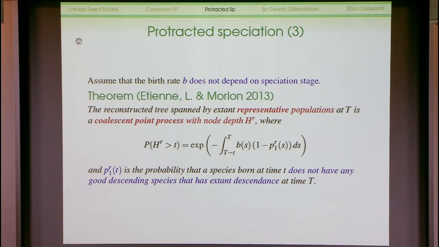But then what we obtain is that when the birth rate does not depend on the speciation stage, so new populations emerge at the same rate, only depending on the number of populations, not on their stages, you can prove that the reconstructed tree, the one I just showed you with just 1, 2, and 4, not with population 3, the reconstructed tree spanned by extant representative populations, is still a coalescent point process.